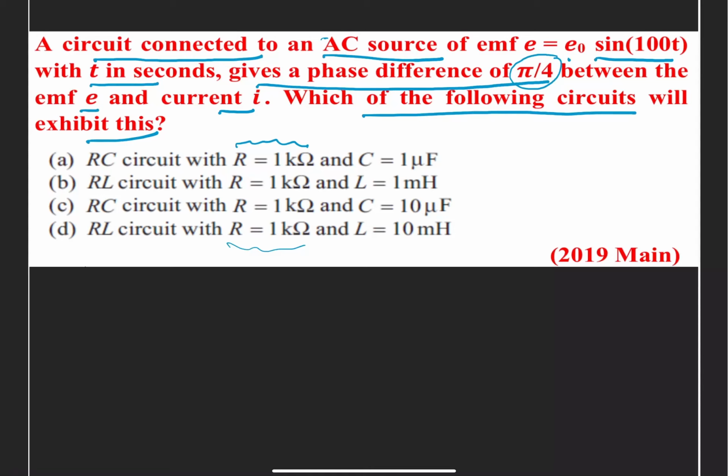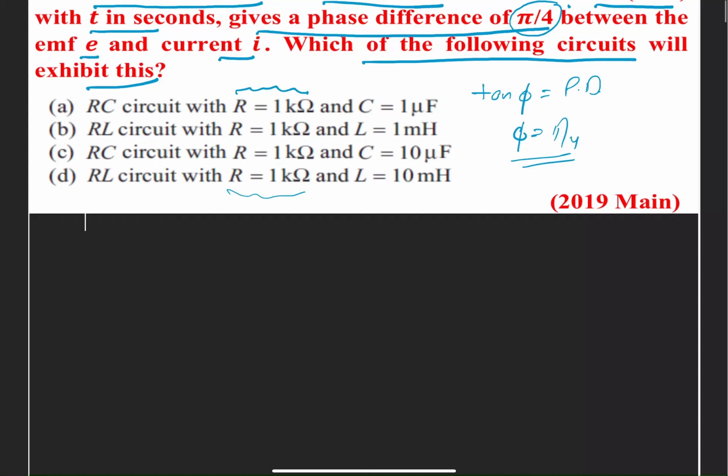So phase difference basically means that we are given tangent of phi, and here the value of phi is given as pi by 4. We are going to take the options one by one and find the phase difference for the RL circuit as well as the RC circuit.